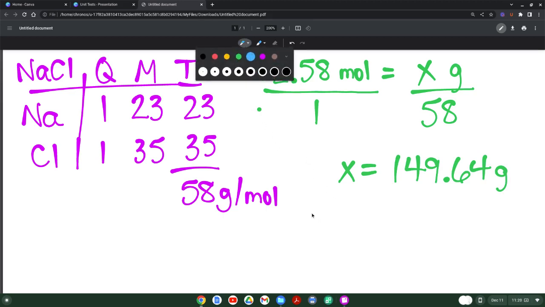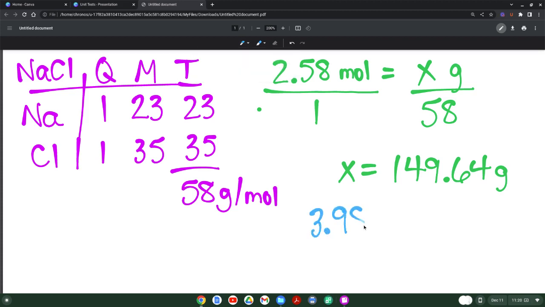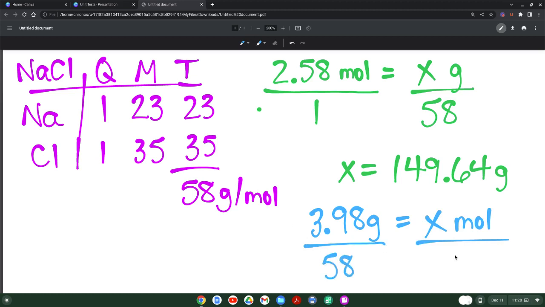Then I am going to do the other side, which was 3.98 grams is equal to, I don't know how many moles, but what I do know is that 58 grams is equal to 1 mole. So I'm going to cross multiply. I'm going to move my work over here in this left corner. I get 58x is equal to 3.98.